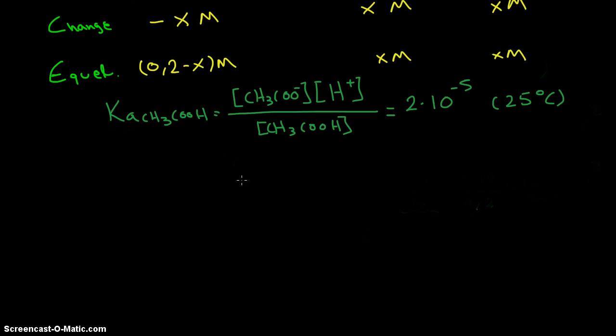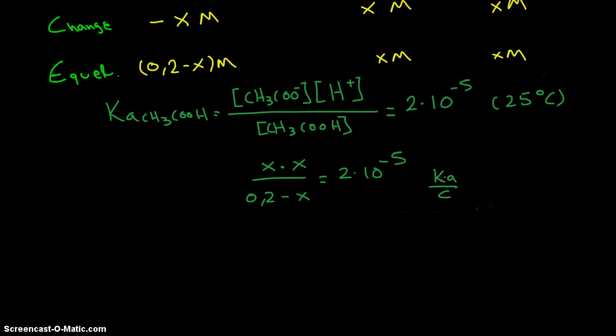If we substitute X times X, as we see in the equilibrium expression, over 0.2 minus X equals 2 times 10 to the minus 5. If we try to solve this, this is a quadratic equation, it might get a little bit tricky. So what we do, we make a test.